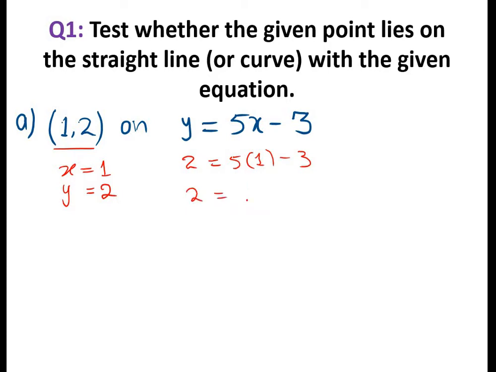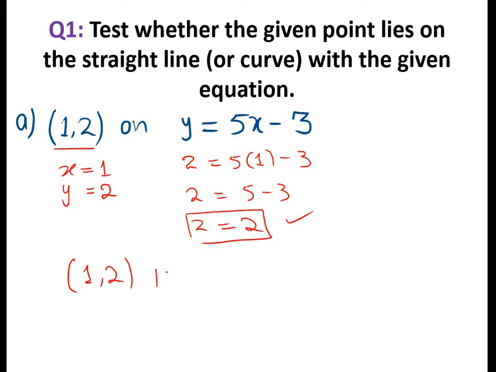So 2 is equal to 5 minus 3, and we can see that this gives us 2. So 2 is equal to 2. That is correct. It means that the equation is satisfied. So the point (1, 2) lies on y equals 5x minus 3.